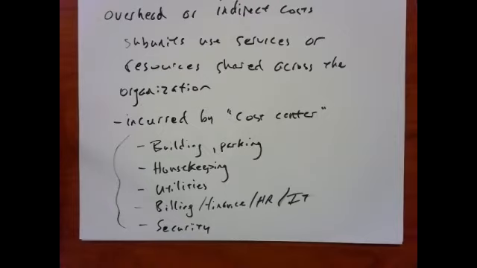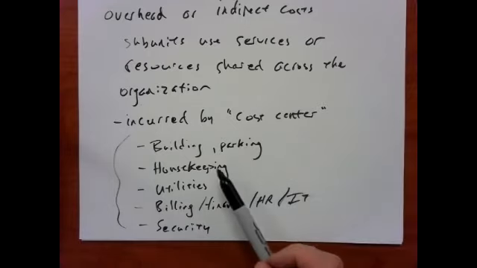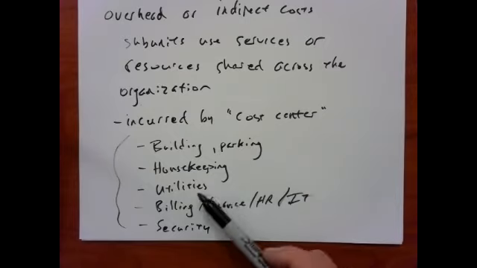So it's convenient, right? We can get economies of scale by bringing together related functions into one organization. We can bring together different practices, different specialties, and maybe even bring them into the same building, with shared parking and shared housekeeping and shared security.